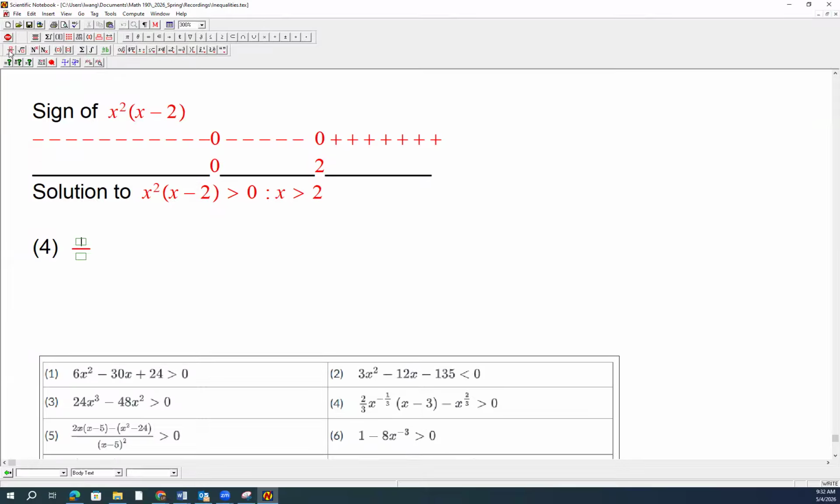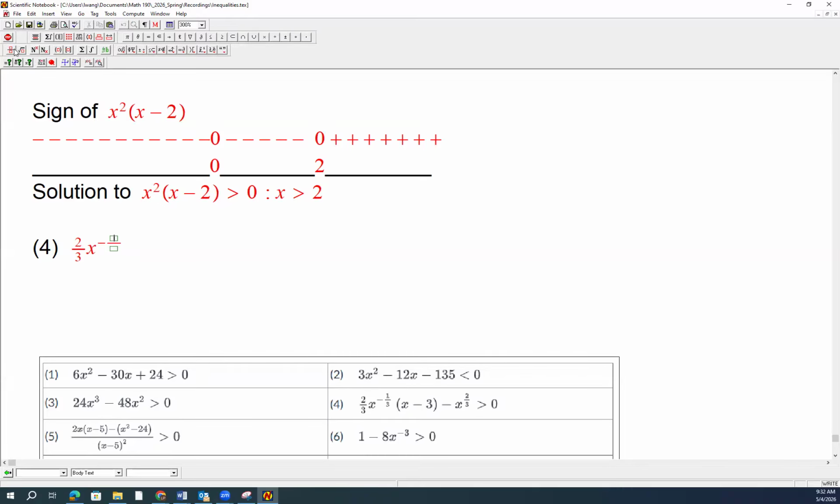So we got 2/3 multiplied by x raised to the power of negative 1/3, multiplied by x minus 3, minus x raised to the power of 2/3, right? So how do we solve this inequality?